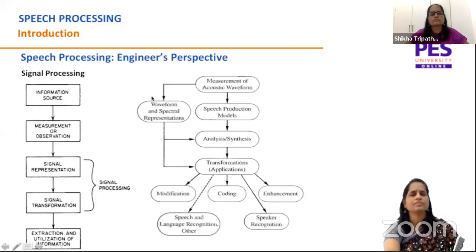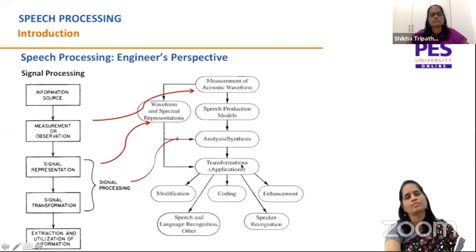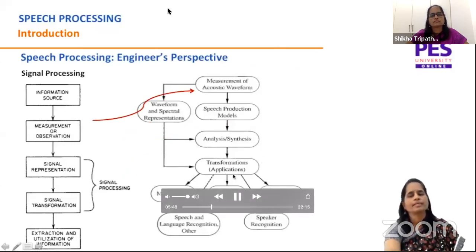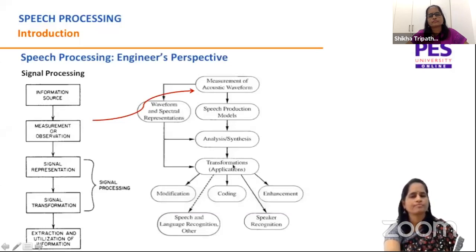Then we try to represent it using some kind of model. We call it the speech production model, or another way called waveform and spectral representation. Having done this, we analyze or synthesize the speech that we have modeled. Then we move on to the transformation block, where we modify it to whichever form suits the application we are targeting.